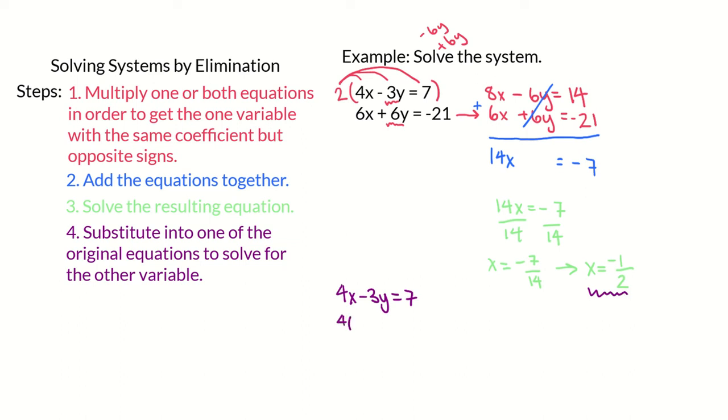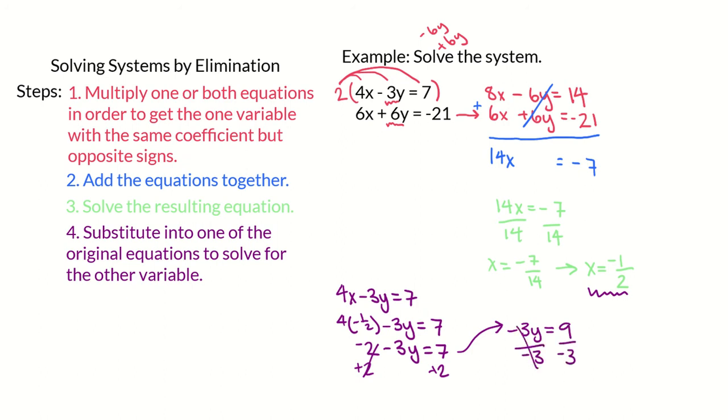So that would be 4 times negative 1/2 minus 3y equals 7. 4 times negative 1/2 is negative 2 minus 3y equals 7. We would add 2 to both sides to get negative 3y equals 9, and then divide by negative 3 to get y equals negative 3.